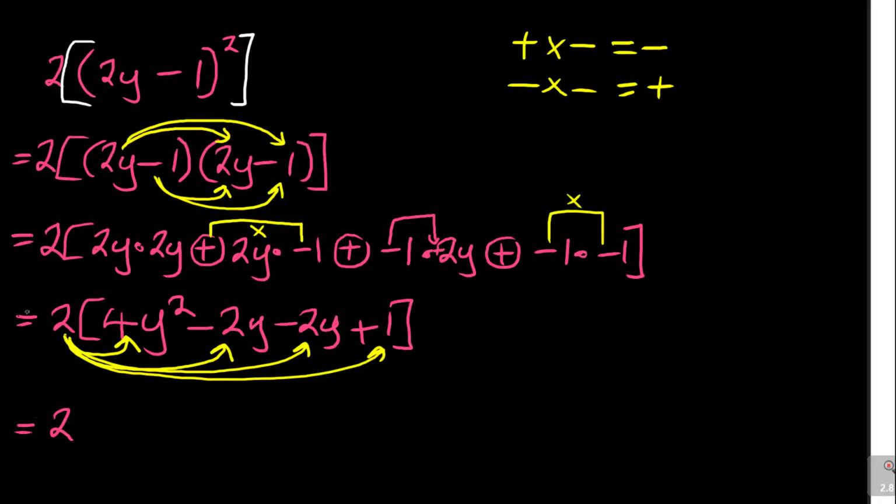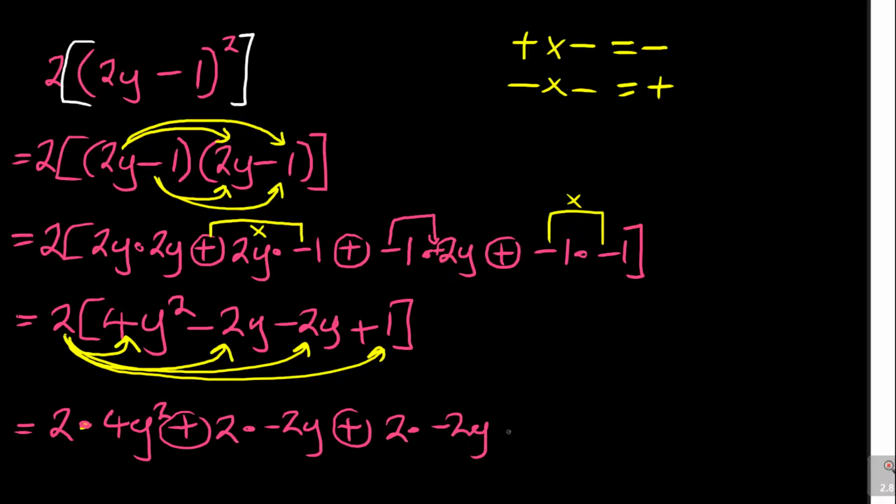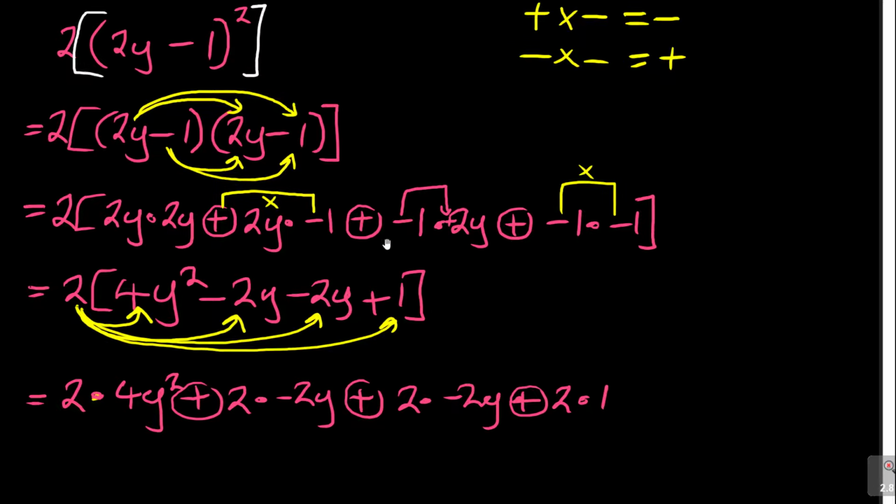So in a way you're saying 2 times 4y squared, again plus, and then it's 2 times minus 2y, and then again plus 2 times minus 2y, and then plus 2 times 1. So that is what we mean when you're saying just distribute that 2 across.